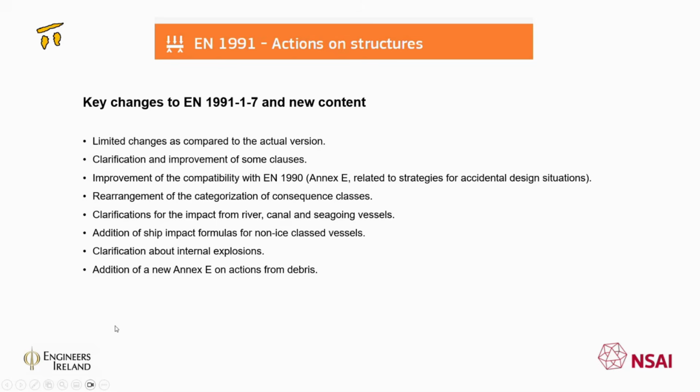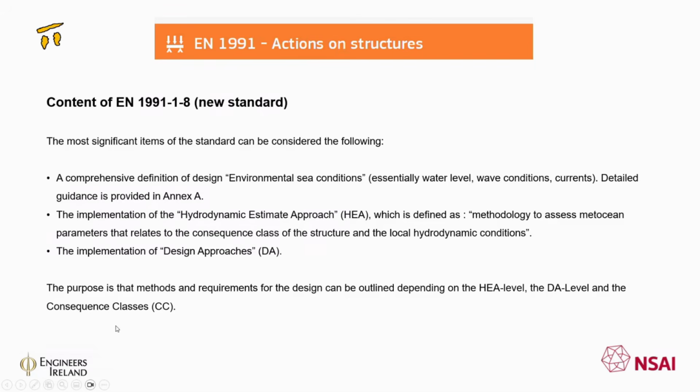EN 1991 Part 1-8 is a new standard on coastal structures and so on. So most significant items of this, there's a comprehensive definition of environmental sea conditions, which are water level, wave conditions, currents, and there's detailed information given in one of the annexes.